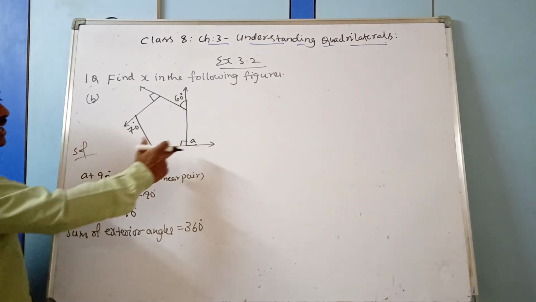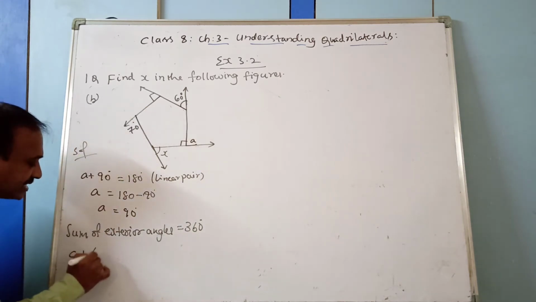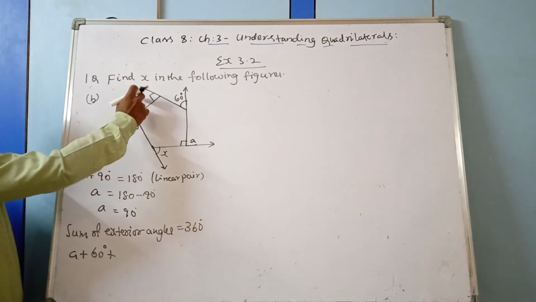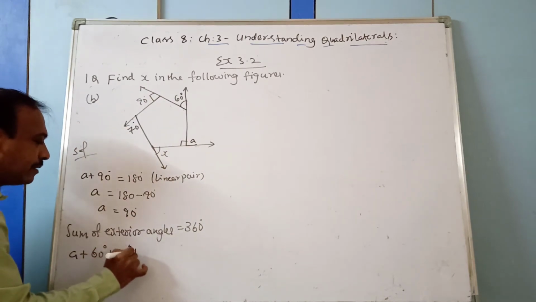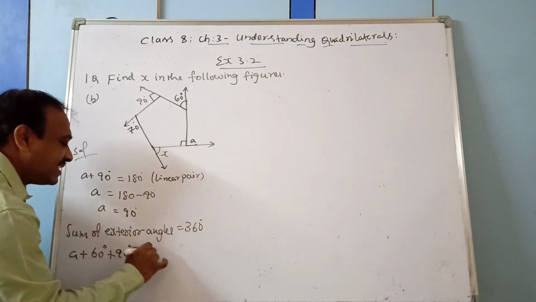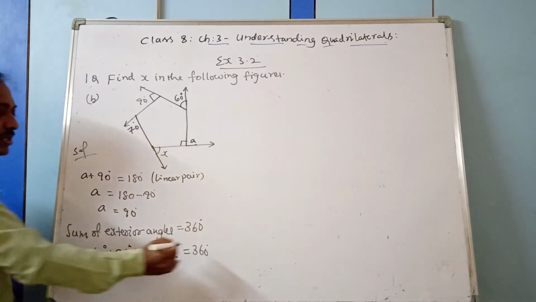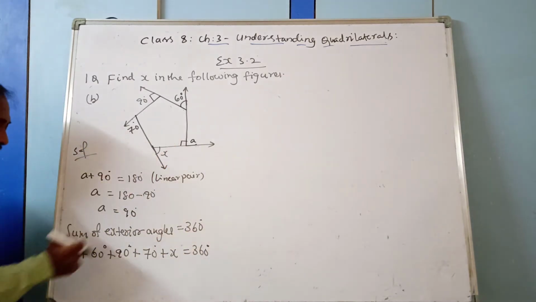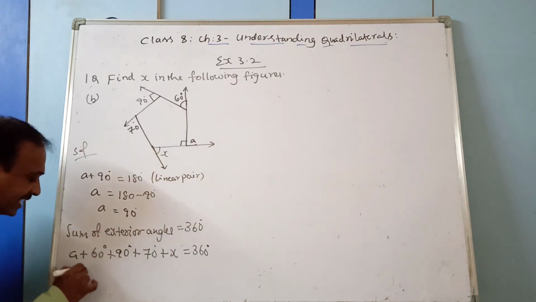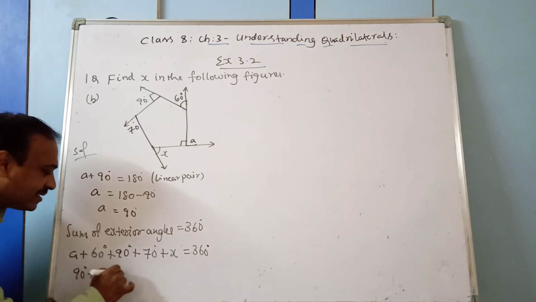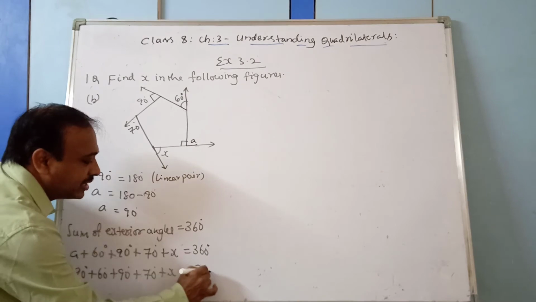Now we know all angles. This A value we know, A plus 60 degrees plus, then here what is the measure this symbol represents? This is 90 degrees. So 90 degrees plus, next 70 degrees plus x is equal to 360. But what is A's measure? 90. So 90 degrees plus 60 degrees plus 90 plus 70 degrees plus x is equal to 360 degrees.